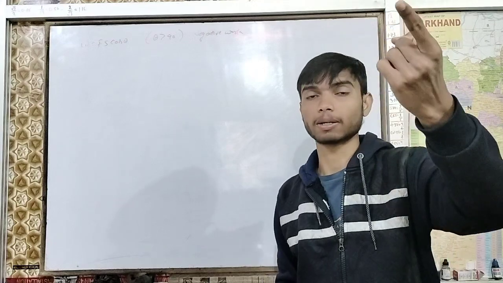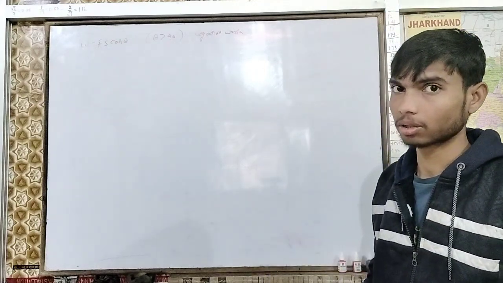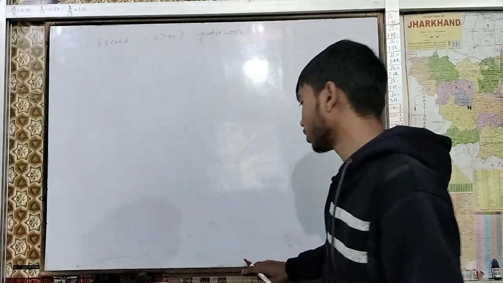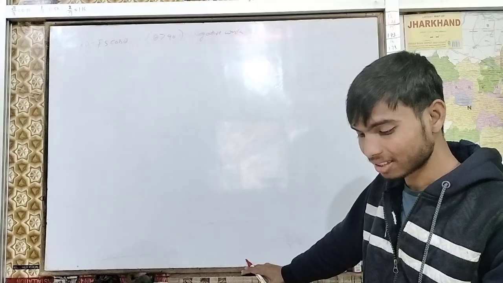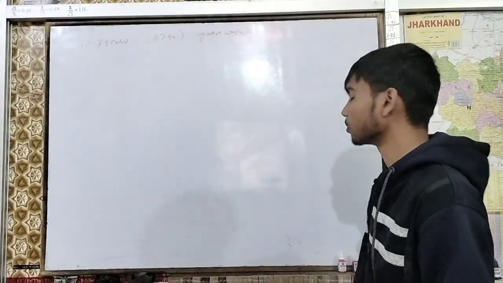This is what we are saying when we say work is negative, or you can say opposite direction. It shows that the direction of the force is such that it opposes the motion of the object.